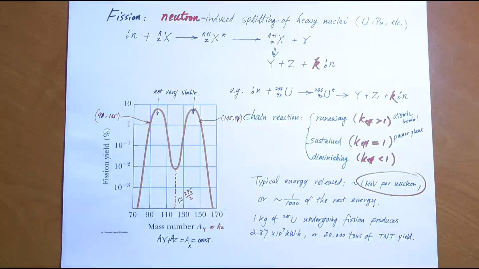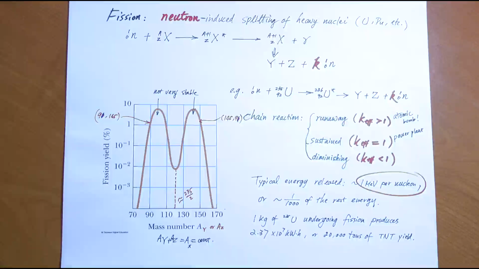Even though it's only 0.1%, that's a huge amount, because we're talking about m times c squared if you convert all this lost mass into energy. If you compare that with a typical chemical reaction, what kind of mass difference are we talking about? Well, in a typical chemical reaction, we're talking about a few eV per molecule.